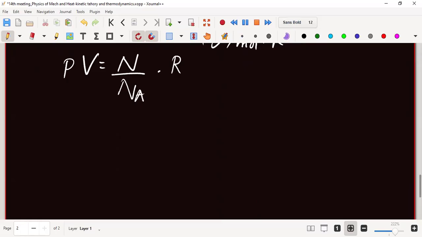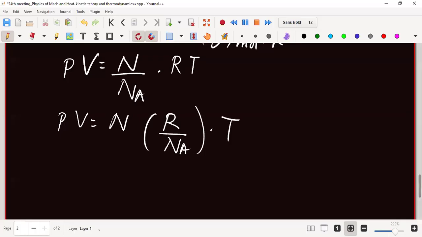So we get PV is N R divided by Avogadro's number, and T. So R divided by Avogadro's number is called the Boltzmann constant.